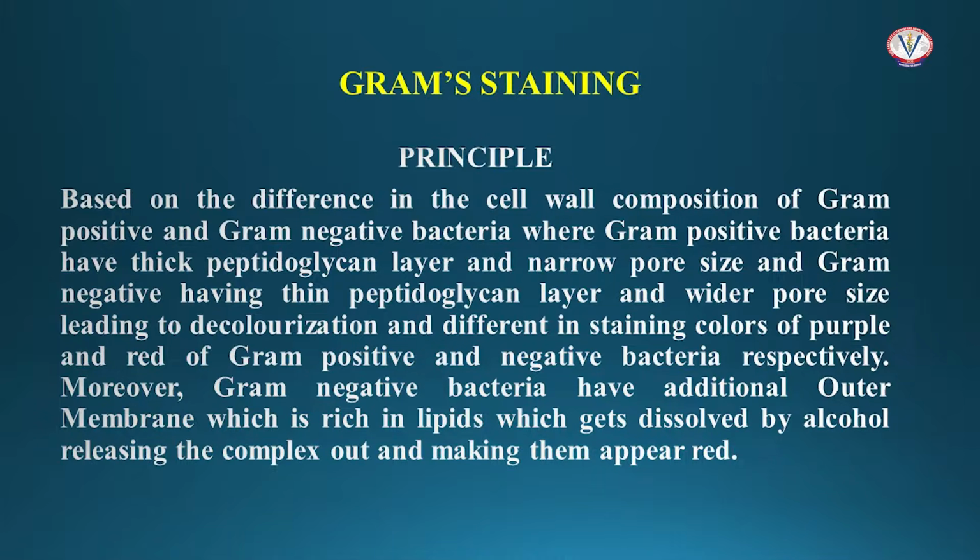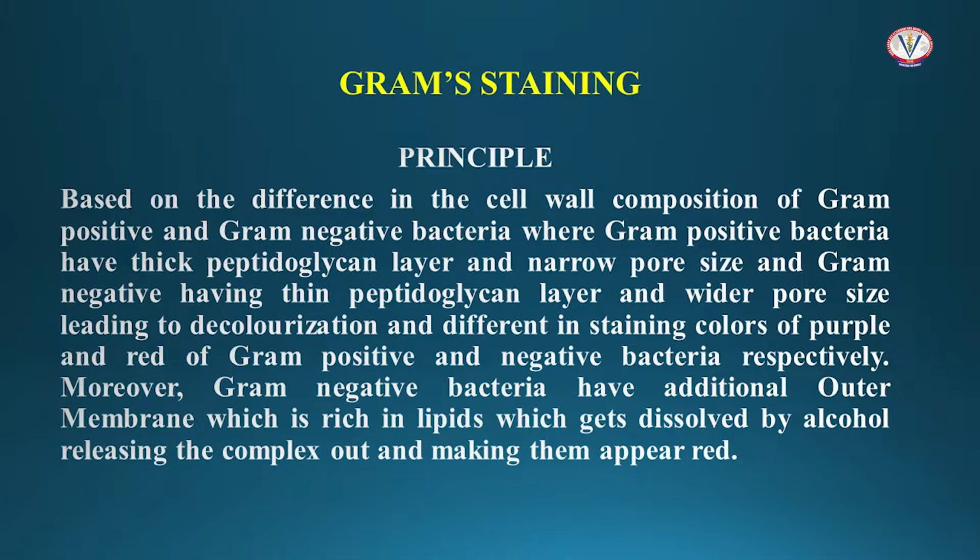So they appear blue or violet in color, whereas gram-negative bacteria have wider pore size and the peptidoglycan layer is thin, so that this complex of crystal violet and iodine comes out during decolorization with acetone alcohol, so they lose their blue color and appear pink or red due to counterstaining with safranin.